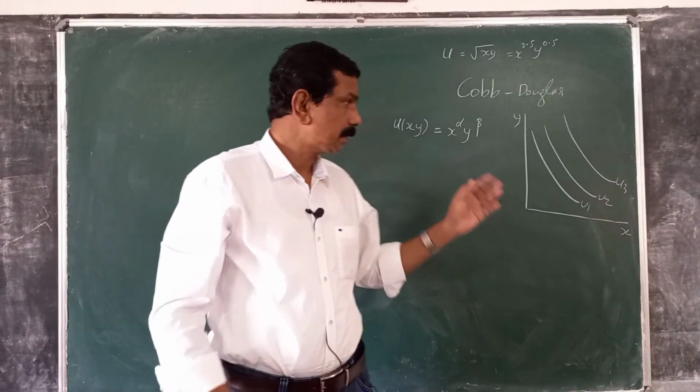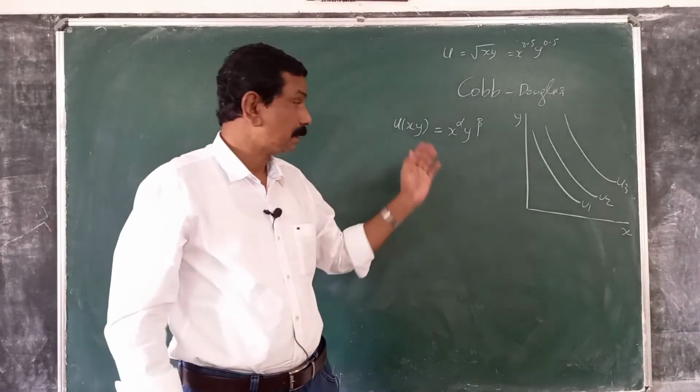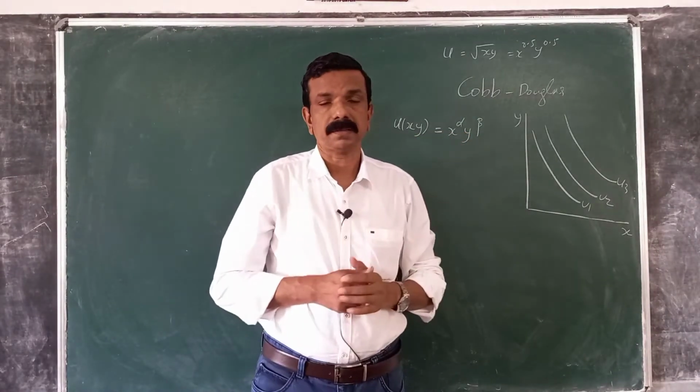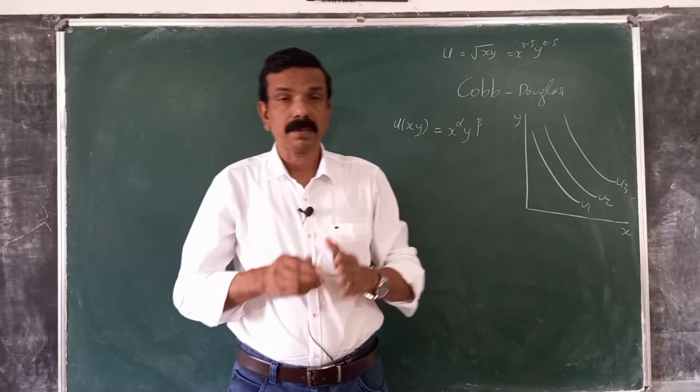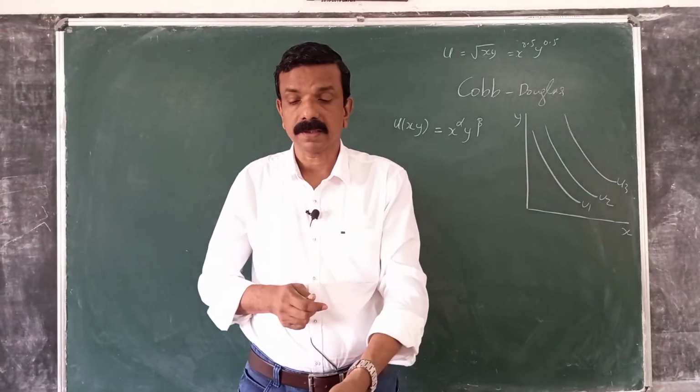Now, this equation is the more general case, and it is known as the Cobb Douglas utility function.